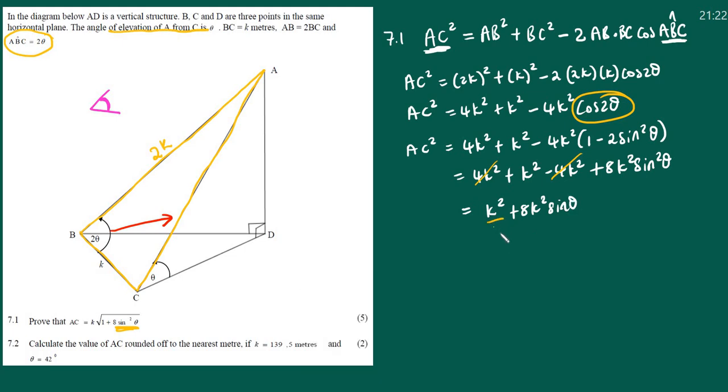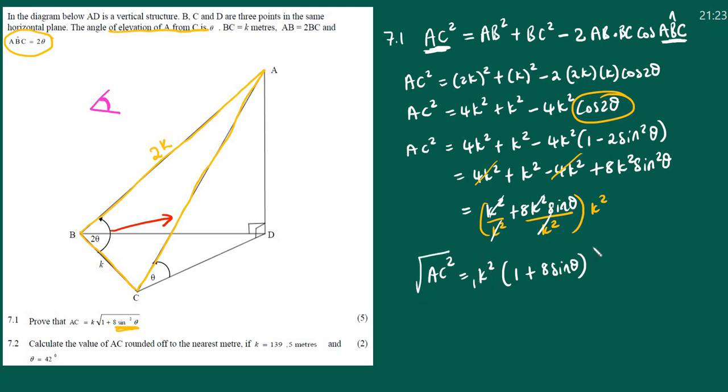So I divide by k squared, and do not forget to multiply by it. Then you're going to have k squared into 1 plus 8 sine squared theta, because this and that cancel. But remember, you have AC squared.